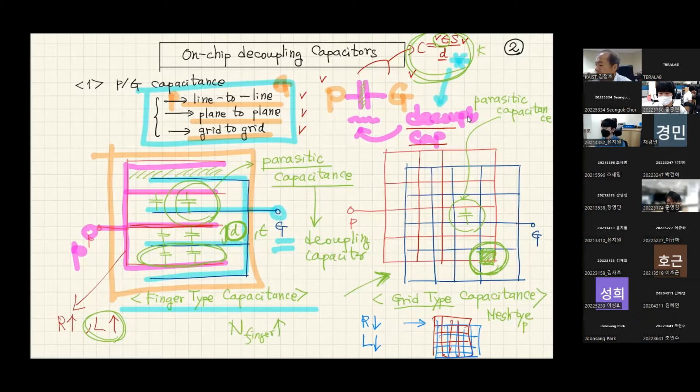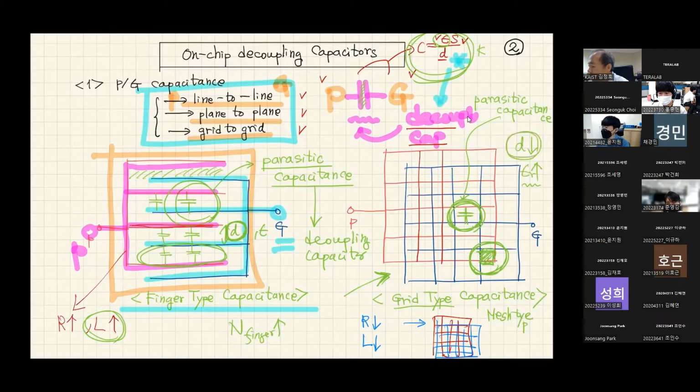Here also, inside the grid, the metals will face each other, and it's going to work as a decoupling capacitor. Of course, if you want to increase the decoupling capacitance, you have to reduce the distance between power and ground metal, and you have to choose dielectric material which has a higher dielectric constant.